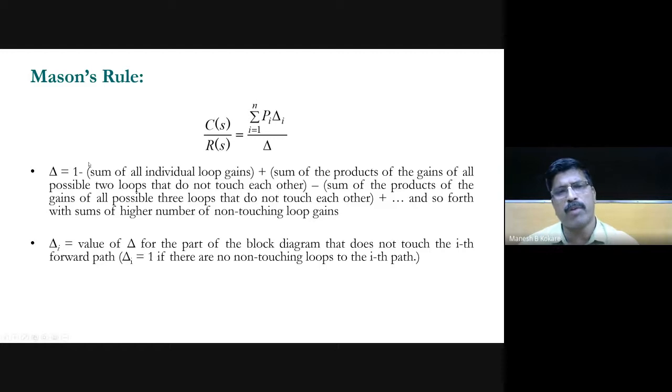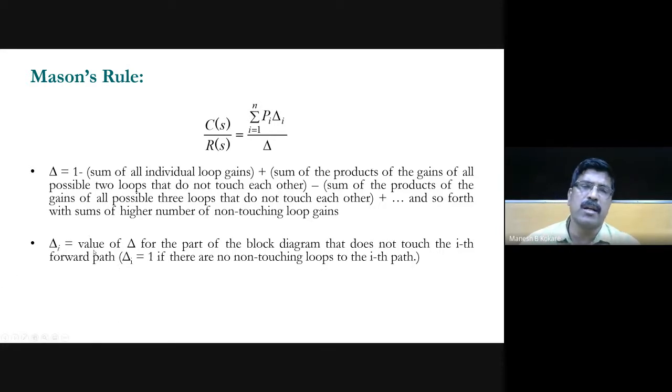Once you have calculated the value of delta, you can calculate the value of delta i. Delta i is basically the value of delta for that part of the block diagram that does not touch the ith forward path. So you have to eliminate all those loops which touch that forward path, and whatever value of delta remains will be delta i.